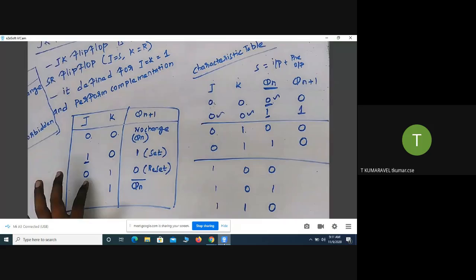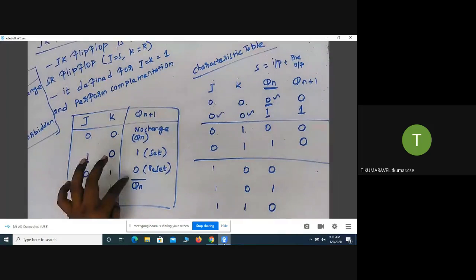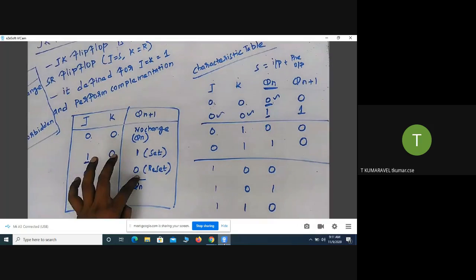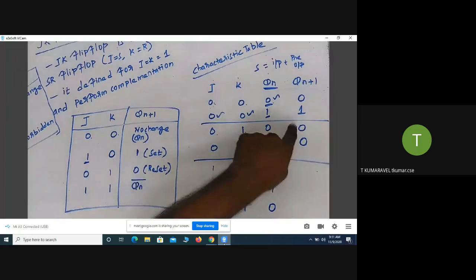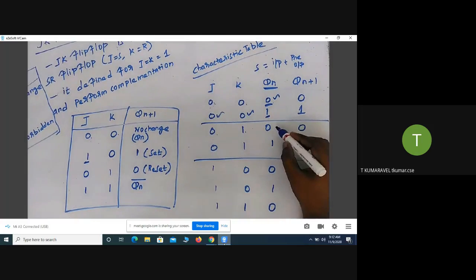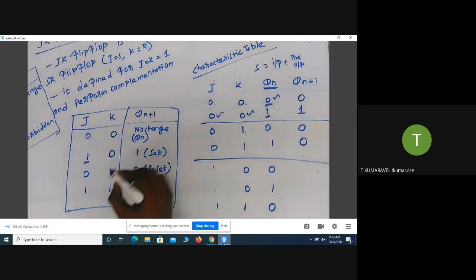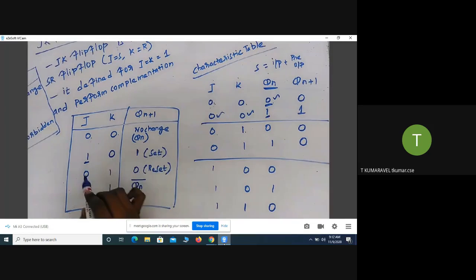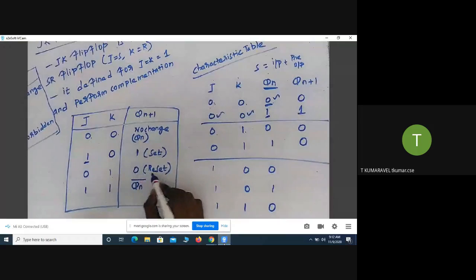That is called reset. That's why I write 0. Sir, you may ask why we do not consider the previous state output. Clearly they define it: the input is 0 1, so I do not consider the previous state output. Definitely the current state output equals 0. That's why I write reset. Is it okay?